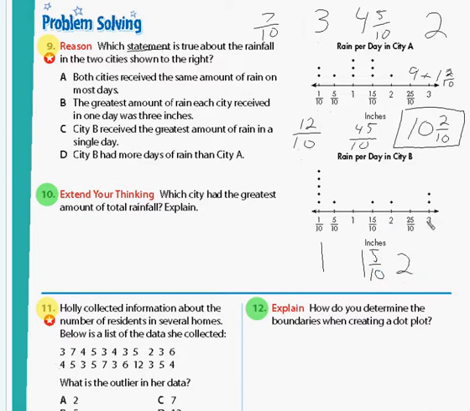Had 2 days where it rained 3 inches, which is 6. Now all I need to do is add all this up. That's 6, 7, 8, 9, 10, and 5 tenths. So, City B had 10 and 5 tenths. City A had 10 and 2 tenths, so City B had the most rain.